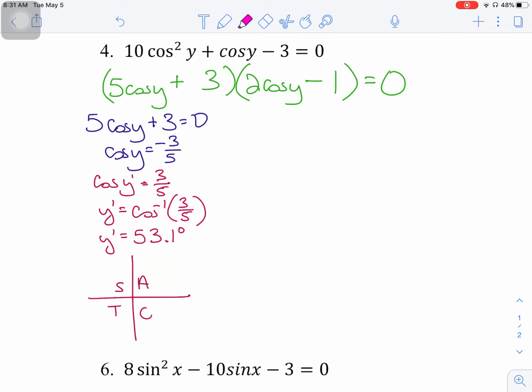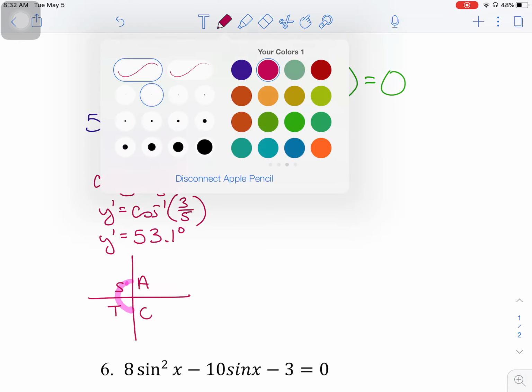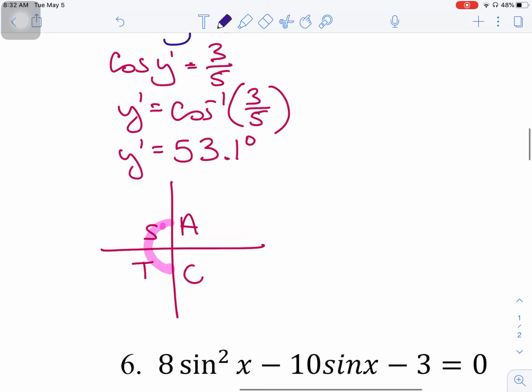All right, so that gives me ASTC, and I need to think about where is cosine negative. Cosine's negative in quadrants 2 and quadrant 3. Okay. So quadrant 2, I need to be 53.1 degrees off the x-axis. So 180 minus 53.1. Let's see what that gives me.